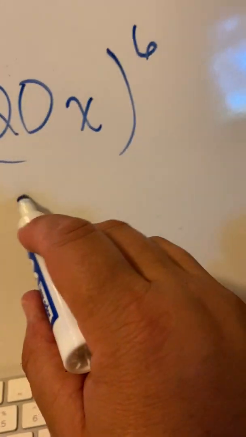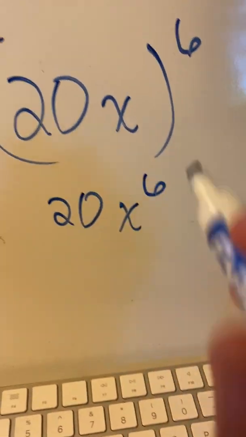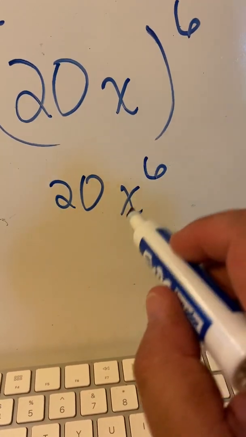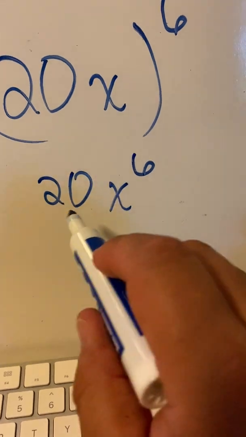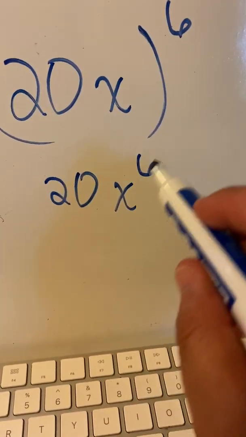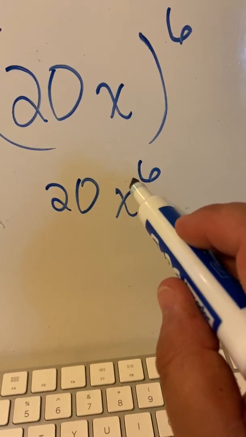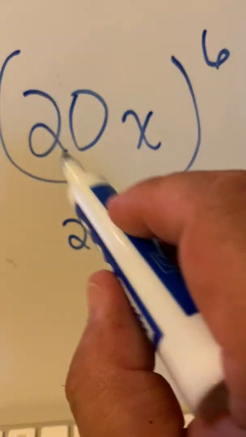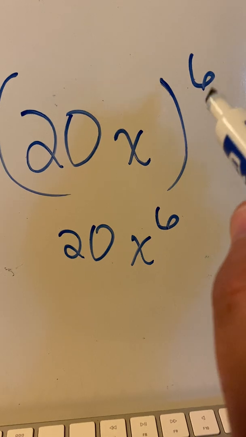In the first, the x is to the 6th power, because this is 20 times whatever x to the 6th power is. The other would be 20 times x, and then that whole thing to the 6th power.